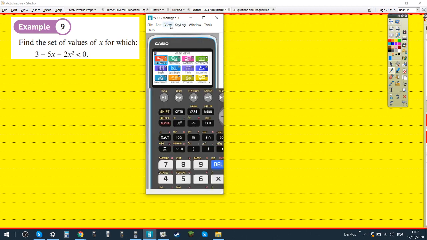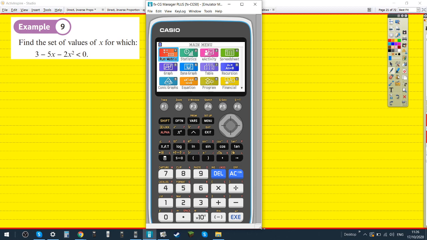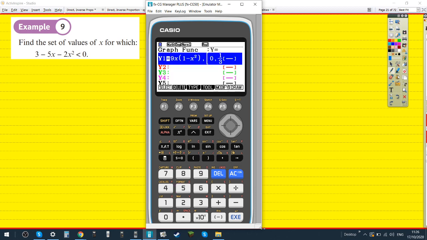So it'd be minus 2x squared minus 5x plus 3. So x is less than minus 3, and a half is less than x.